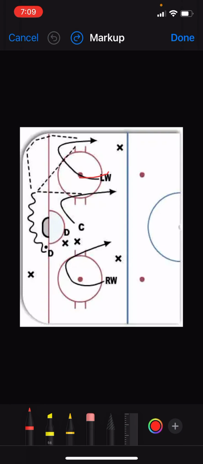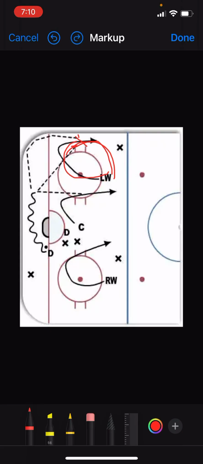So if you get to this spot and that player has not passed you the puck, I would prefer that you don't just stand there. I would prefer that you circle back. We call this a reload, back into the center of the ice. There's a very important reason for this, and I'll go over it in a moment, and then skate your route again based upon what's going on in the play, okay?